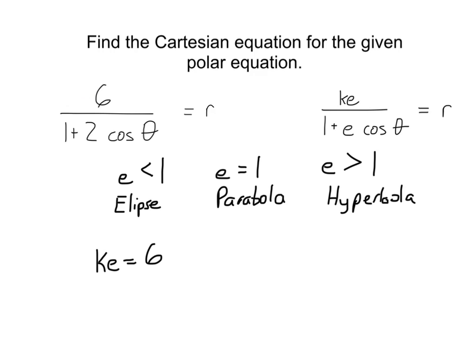And then we have e equals 2, we'll substitute a 2 in there, and that means that k equals 3. So we have k and e. Now that we have k and e, the next step is to graph this so we can figure out what a is.